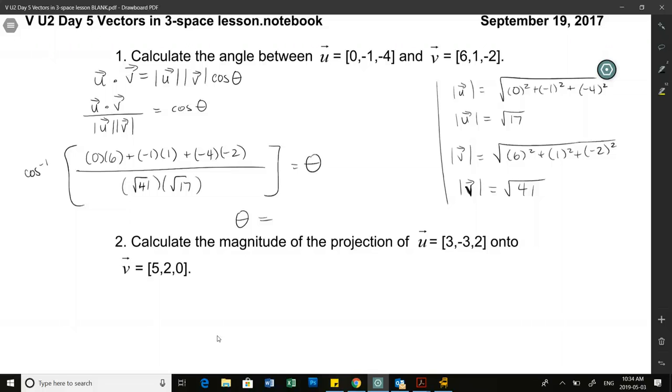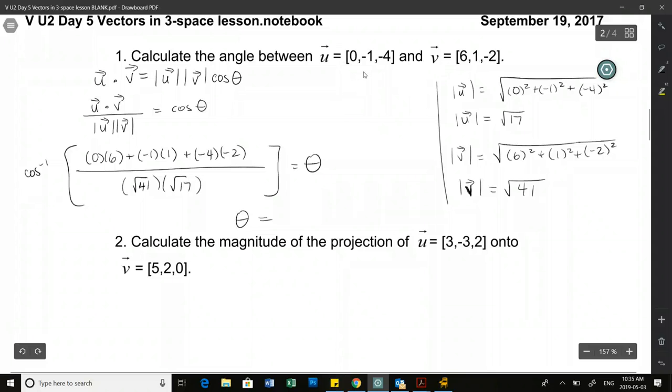Multiply these. So we'll always do that multiplication with the dot product, but sometimes it's slightly different when we're working with geometric vectors. We're always doing this multiplication when we're given Cartesian vectors like this.